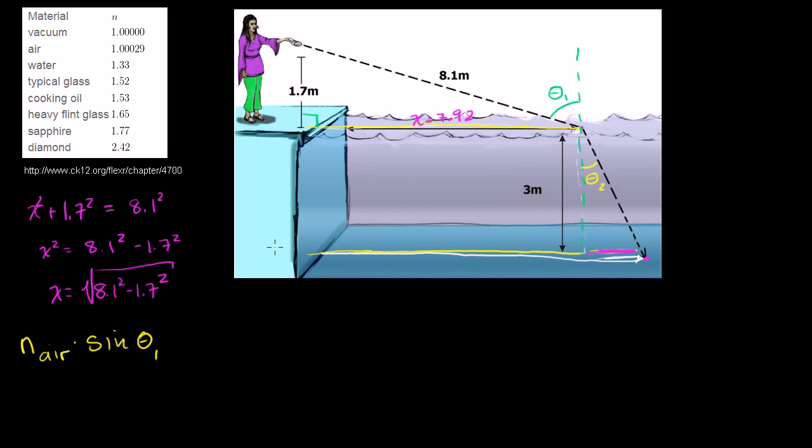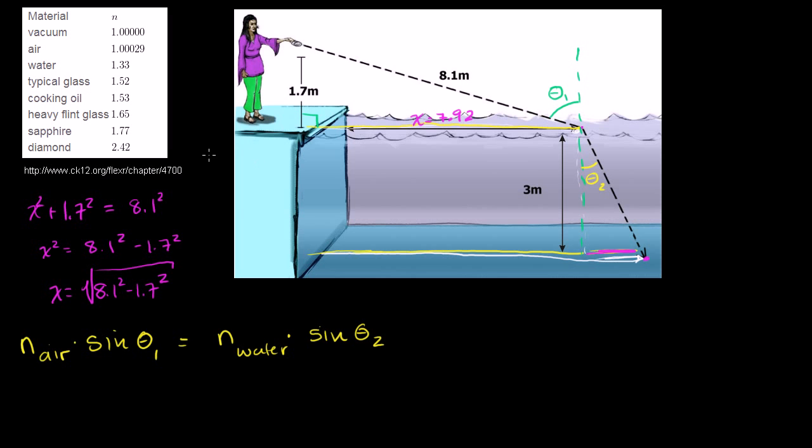This is just Snell's law. So times our incident angle right here is going to be equal to the index of refraction for the water, and we'll put the values in the next step, times the sine of our refraction angle, sine of theta 2. Now, we can figure out these n's from this table right over here.